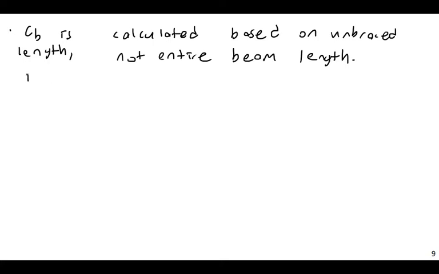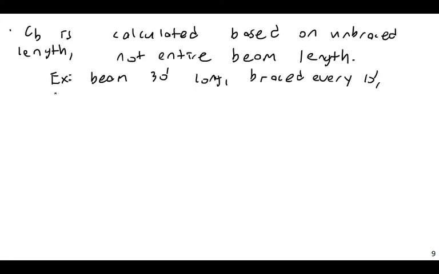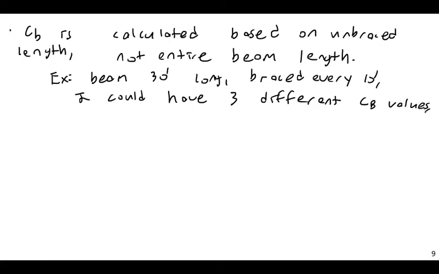For example, if I have a beam 30 feet long, braced every 10 feet, in that case, I would calculate 3 independent CB values, one for each of the unbraced spans.